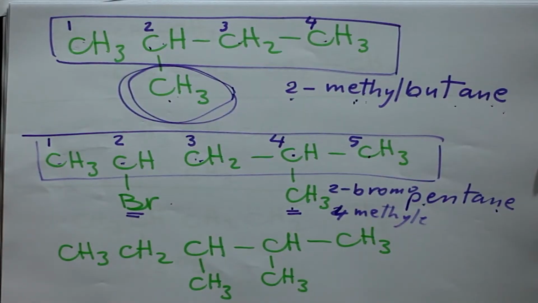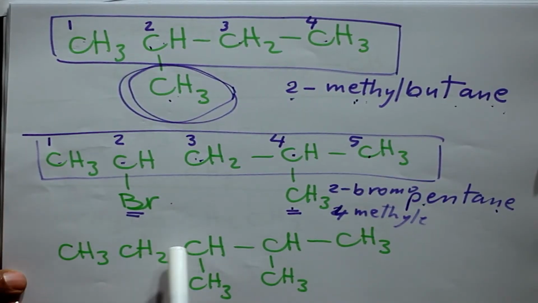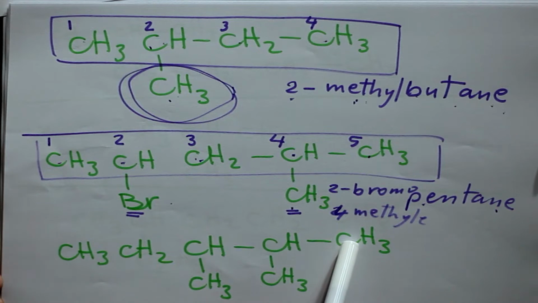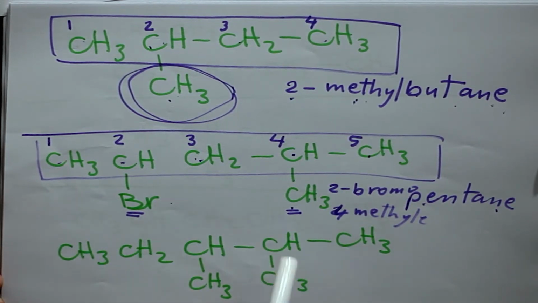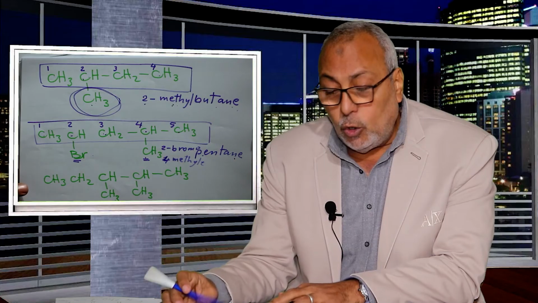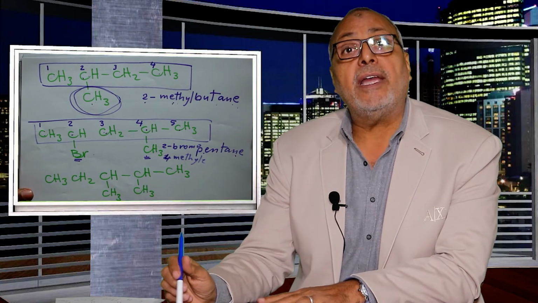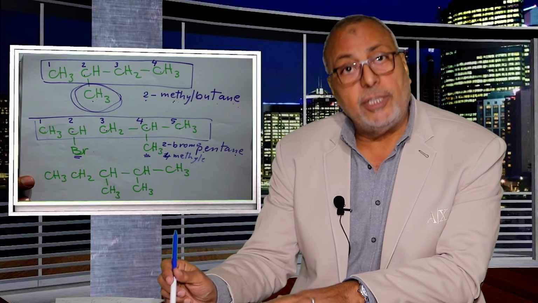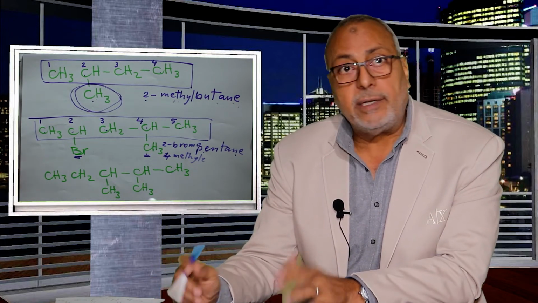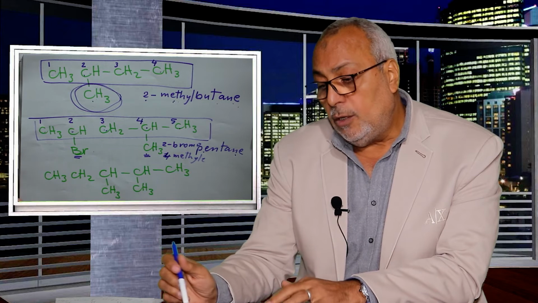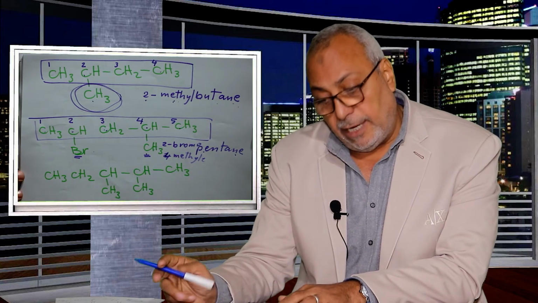Another example: choose the longest continuous chain. We get 1, 2, 3, 4, 5. Consider all possibilities to find the longest continuous chain, and if they are equal, we prefer to get a straight line.